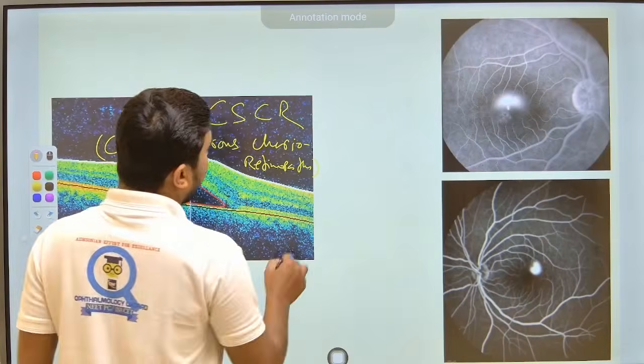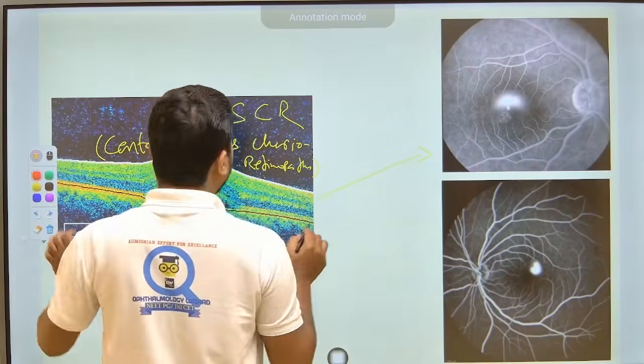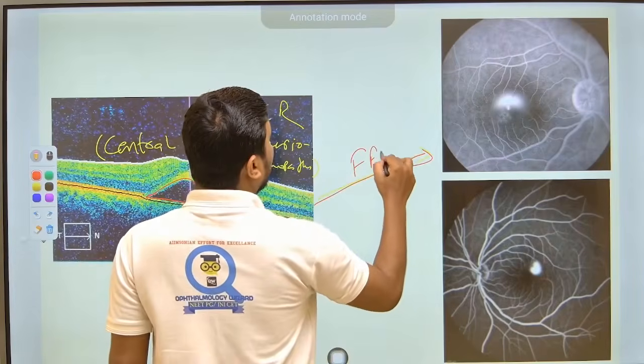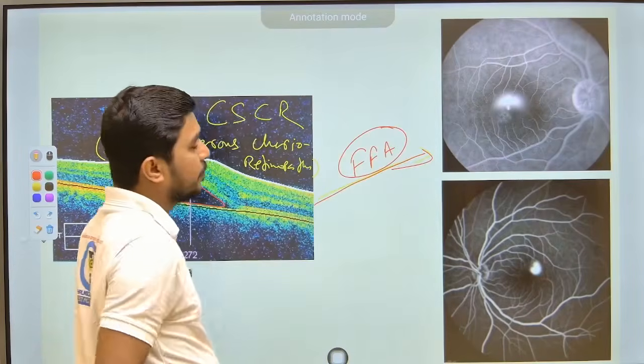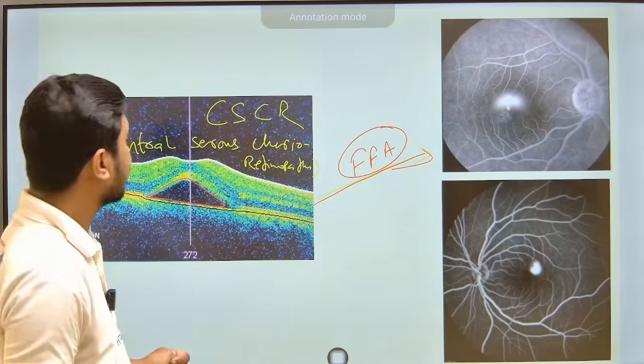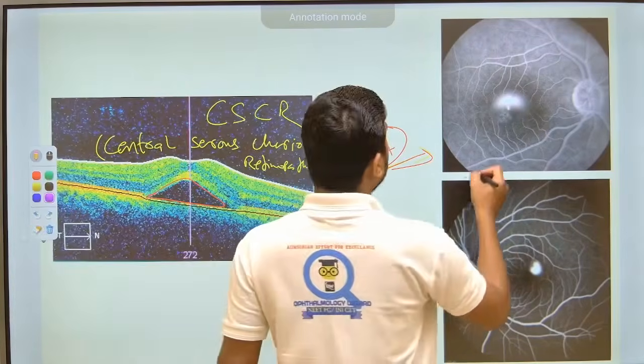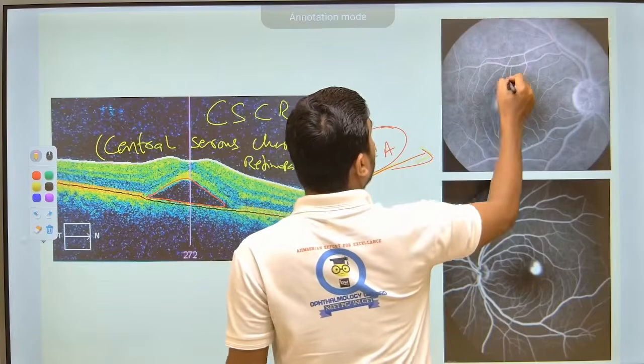When you do the FFA, then you get this picture. What is this picture indicating?